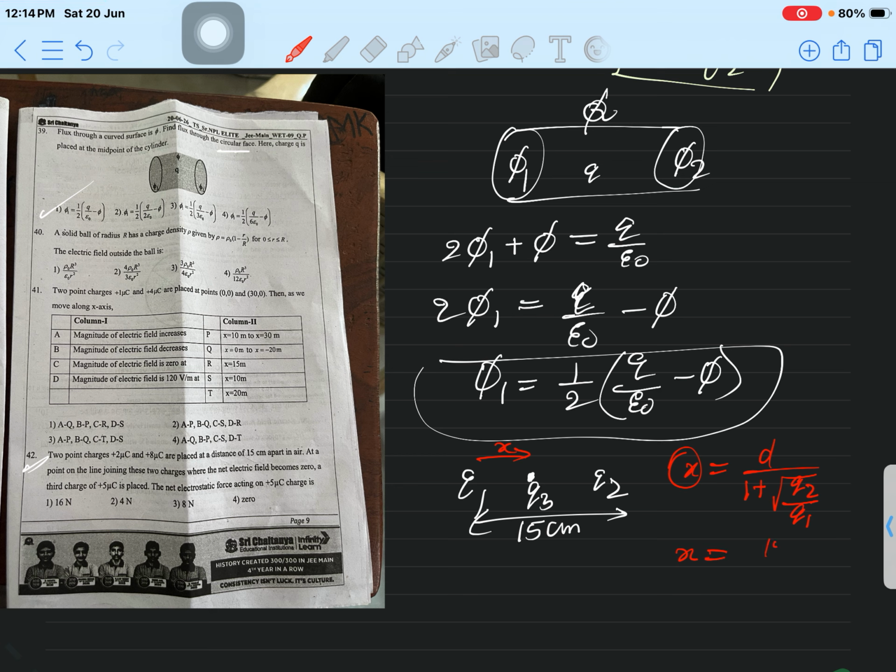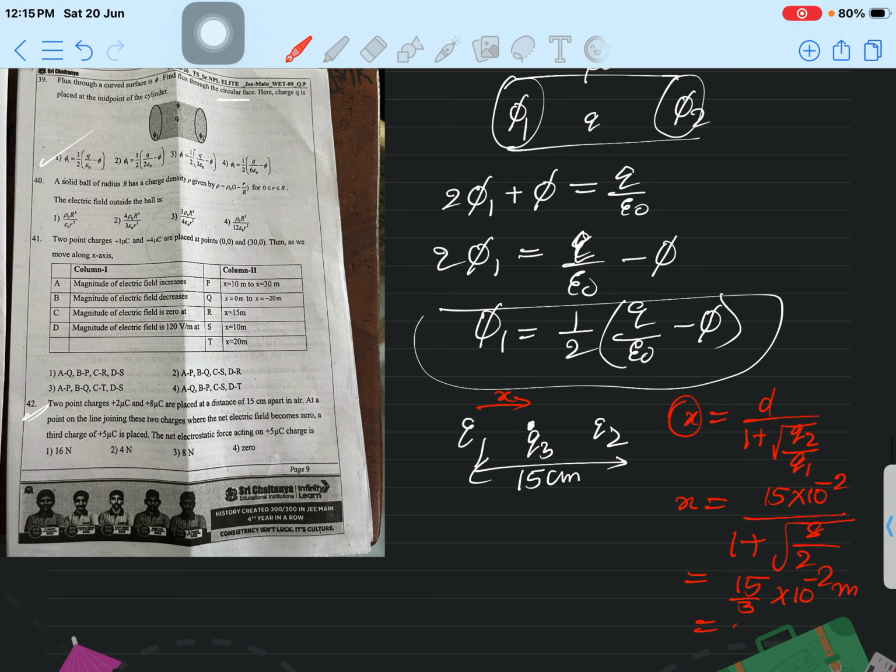What is the d? 15 centimeters, which is 10 power minus 2 meters, divided by 1 plus root q2 by q1. Q2 is 8 microcoulomb, Q1 is 2 microcoulomb, so micro gets cancelled, and the answer is 8 by 2, 4. Root 4 is 2, so the answer is 15 by 3 into 10 power minus 2 meters, and its value is 5 into 10 power minus 2 meters, sir.